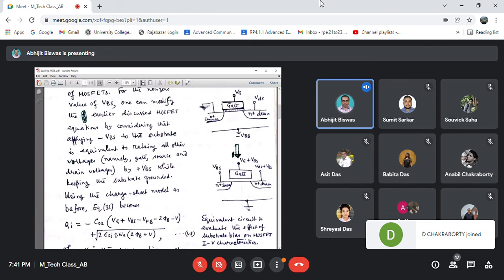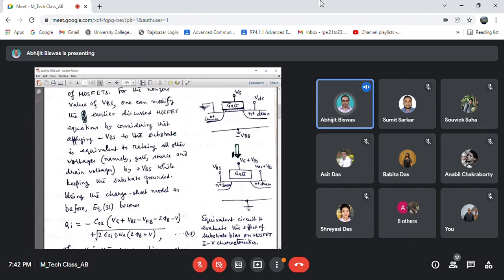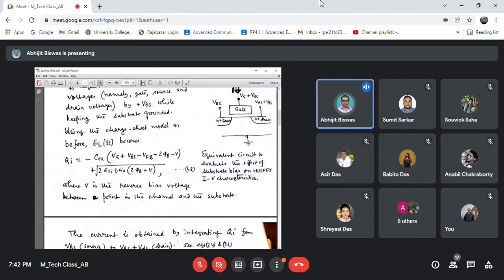Substrate is to be held at a ground potential, and in order to do this, we have to add VBS with minus VBS, so that we can set the substrate to ground, and therefore other terminal voltages will be lifted by an amount of VBS. And now we can apply the previously derived equation easily with these modifications.